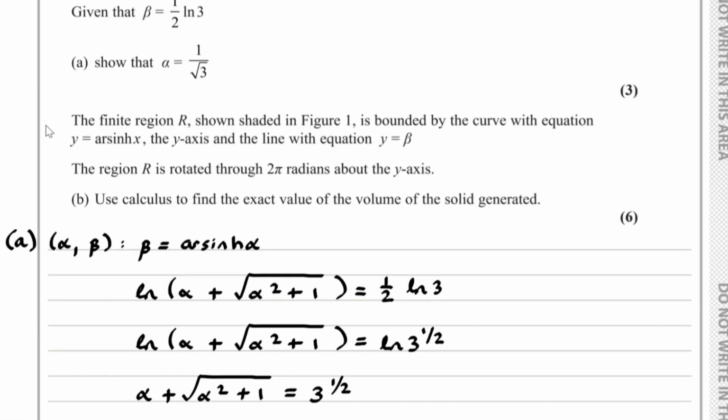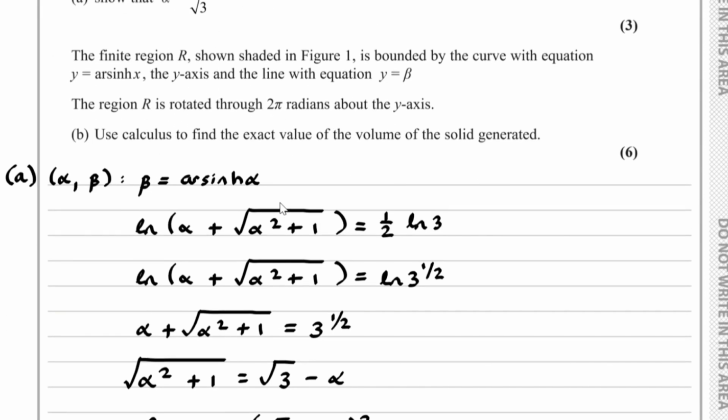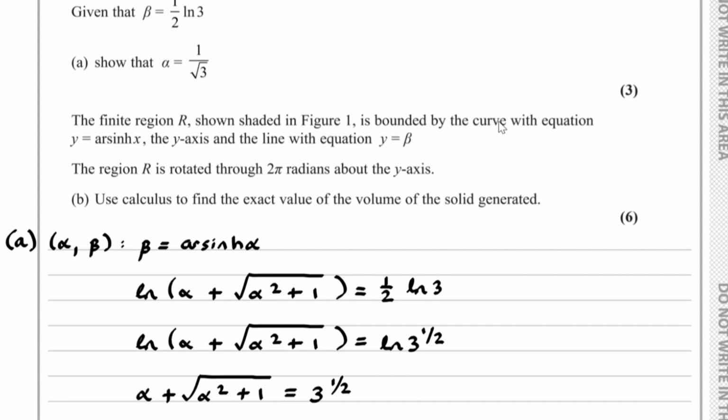Now for part B, the finite region R, shown shaded in figure 1, so that's this region here, is bounded by the curve with equation y equals inverse hyperbolic sine x, the y-axis, and the line with equation y equals beta. The region R is rotated through 2 pi radians about the y-axis. We have to use calculus to find the exact value of the volume of the solid generated.